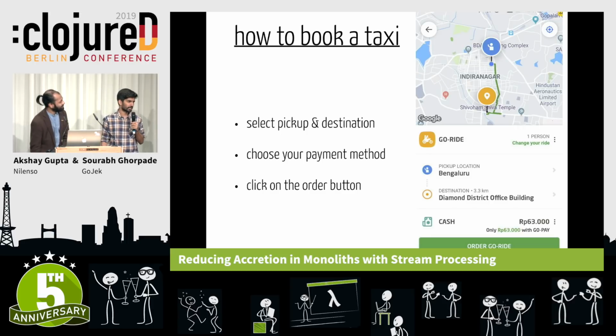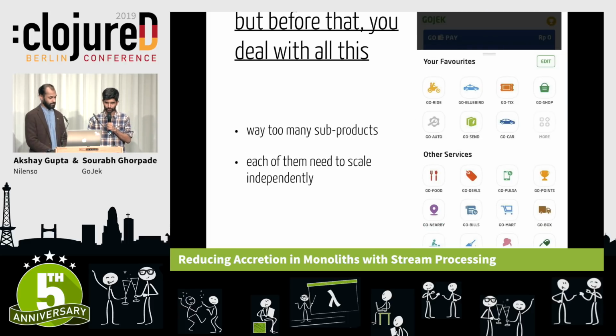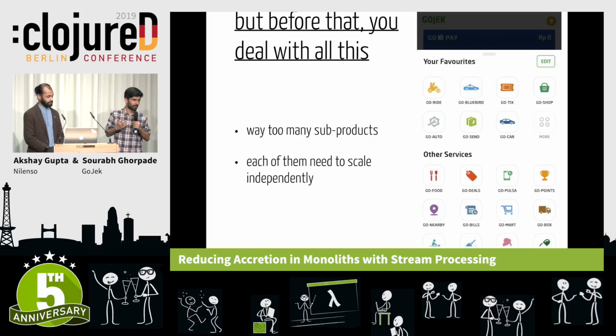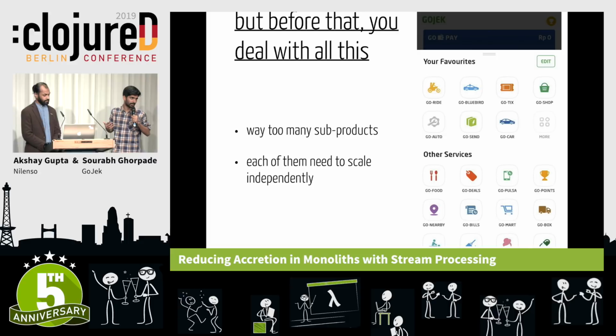A large part of Go-Jek's business is ride-hailing, where you select a pickup and destination, select your payment method, and then order a ride. But before that, you have to go through all this, because there are some 18 plus products that Go-Jek has.